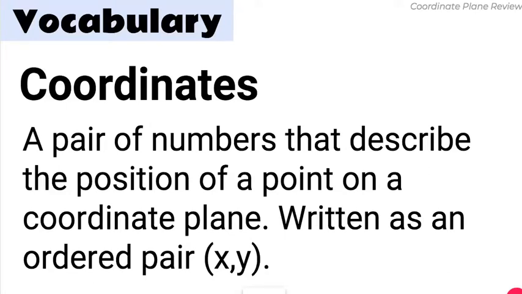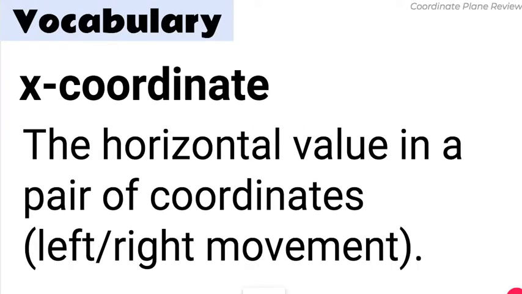Now those coordinates written as x, y means you have an x coordinate and you have a y coordinate. So let's look at some definitions for those. First we'll look at the x coordinate. It's the horizontal value in a pair of coordinates. It's the left and right movement.